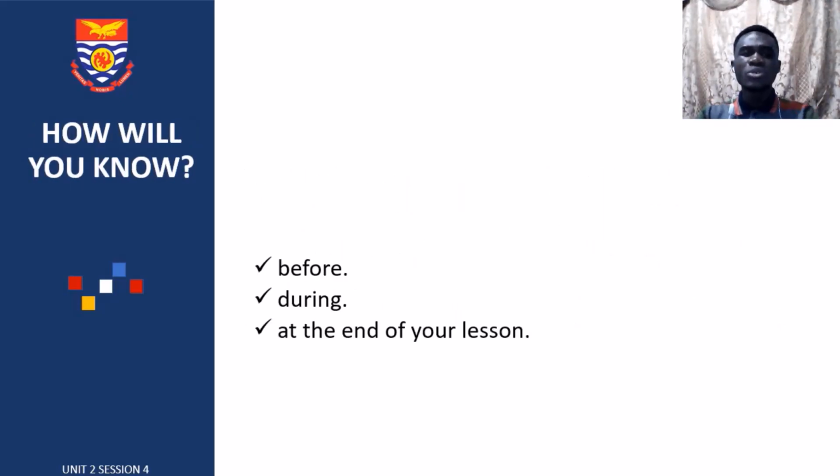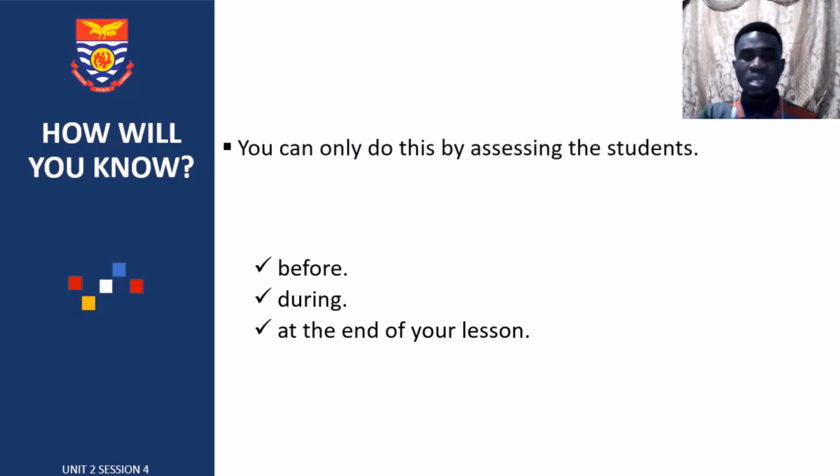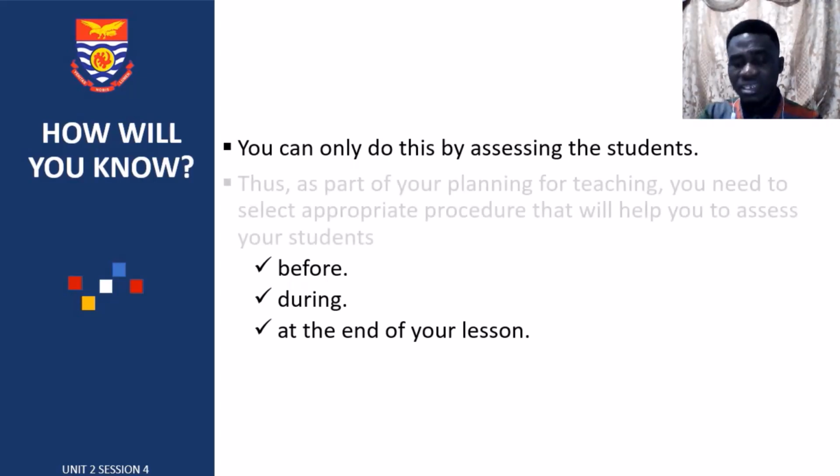Now, how will you know? So how do you determine that your learners have really learned? So teaching is done in order to bring about a desirable change in the behavior of a learner. And that's the basic reason for teaching. Anytime we teach, it is to bring about a change in the behavior of the learner. But how will we know that our teaching has resulted in a behavioral change of our learners?